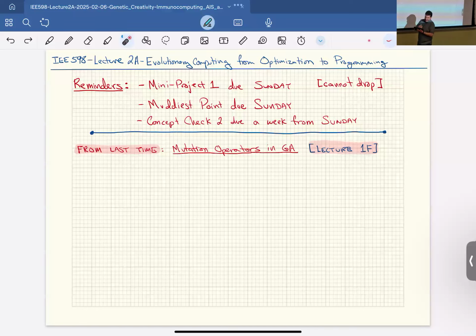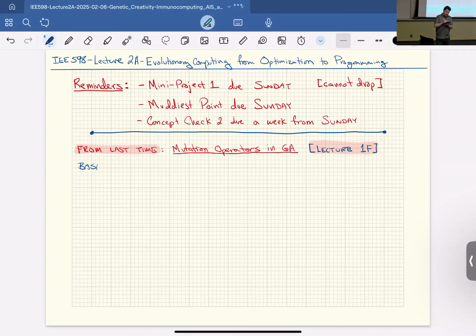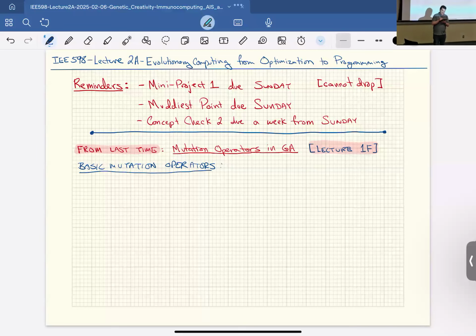All right, so we left off last time finishing up the genetic algorithm, and the one thing that we didn't get into in detail were the mutation operators. The basic mutation operators: in each one of them, there's going to be some probability of mutating each gene in an individual.